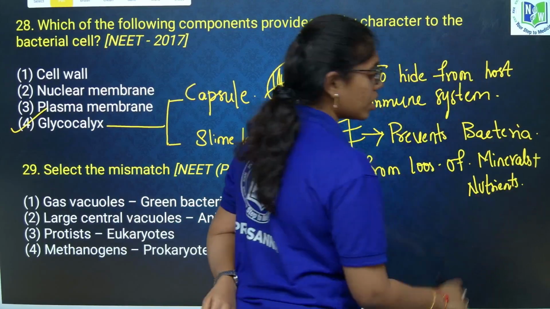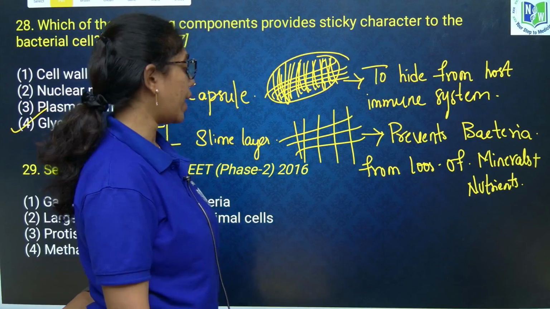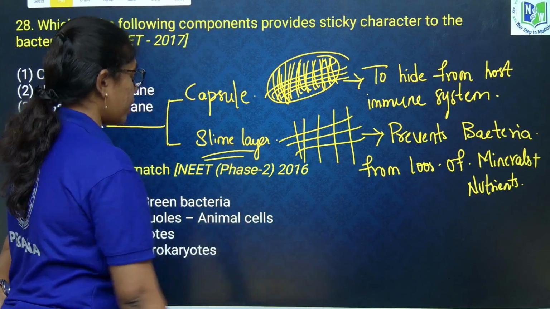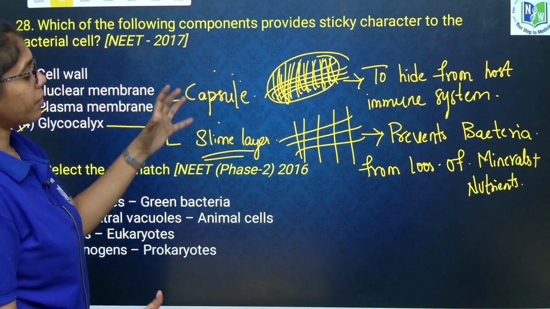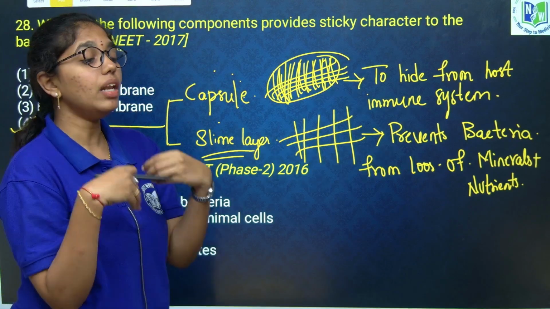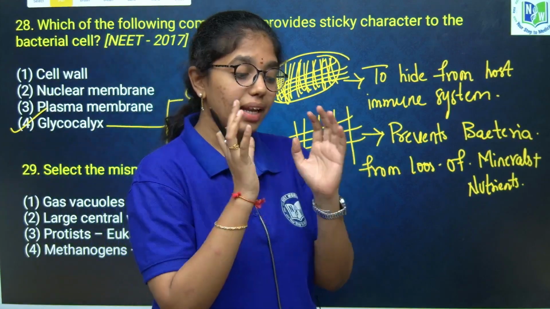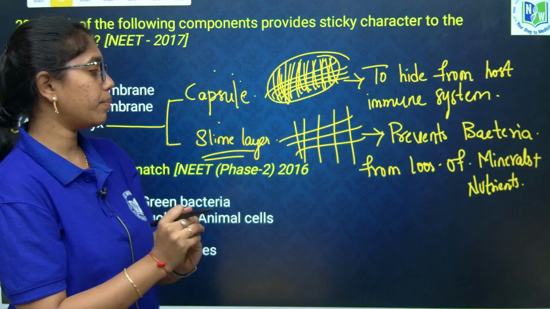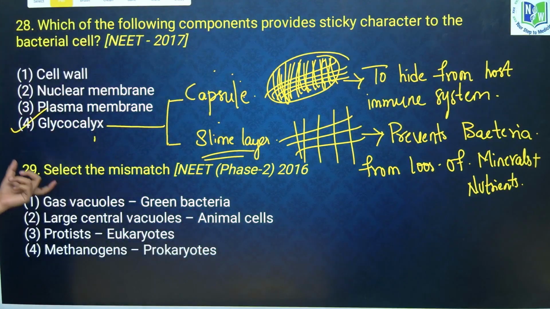Simply, dehydration. It will not allow the bacteria to dehydrate if it is in the form of slime layer. If it is in the form of capsule, it will tightly cover the bacteria and help the bacteria to hide from the host immune system. This is all about glycocalyx.